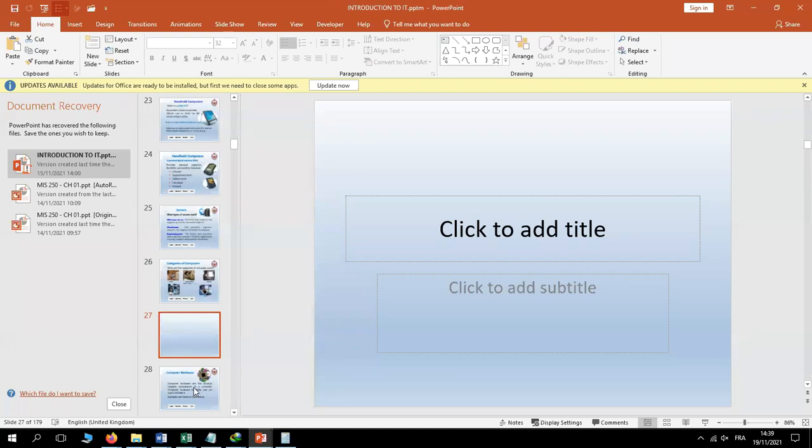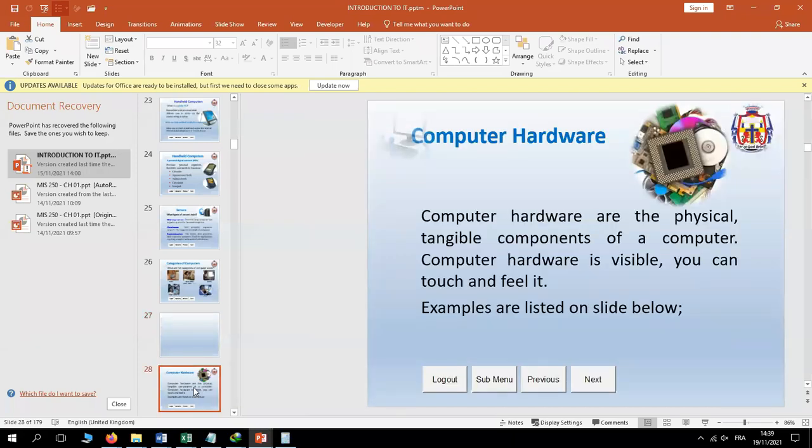Okay, thank you. So when we talk about the hardware of a computer, these are the physical, or call them tangible, components of a computer that we can see, touch, and feel.